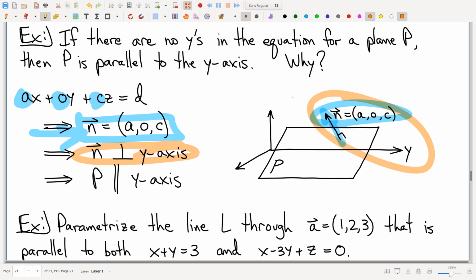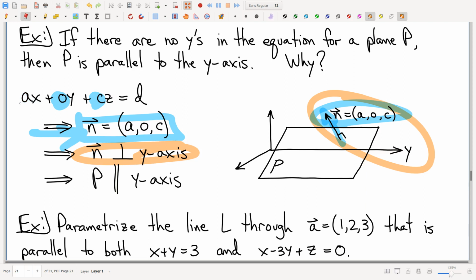And now a geometric appeal: if my normal vector is perpendicular to the y-axis, the plane must be parallel to the y-axis. So, as desired.